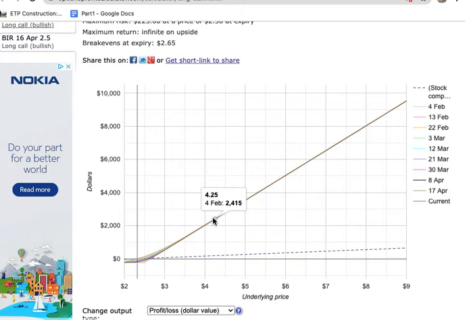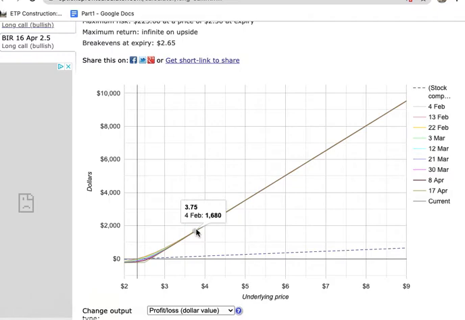Well, regardless of what contract you have, whether it's the February or the April, you're going to be looking at a $2,500 gain at just $4.25. And at even $3.75, which is less than $2 from the share price right now, you will be able to achieve $1,600 in profit.